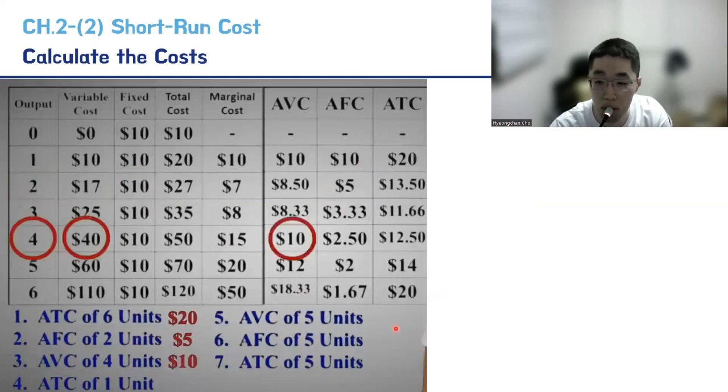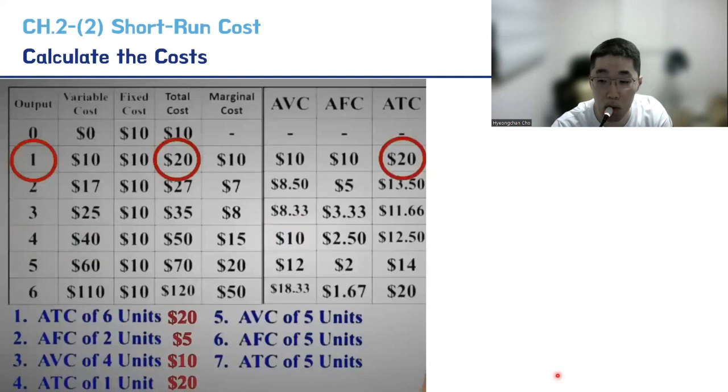And the average variable cost of 4 units is $40 variable cost, so total variable cost divided by the 4 units that we produce will be $10.